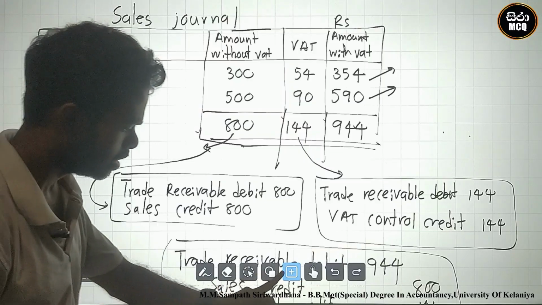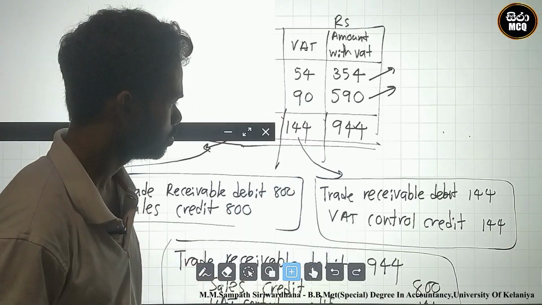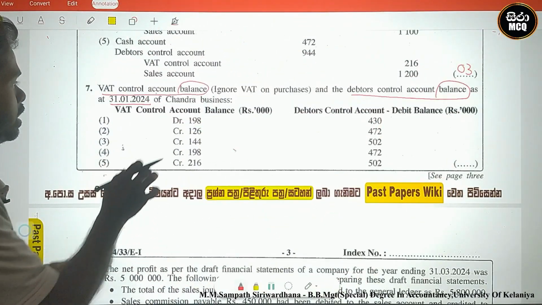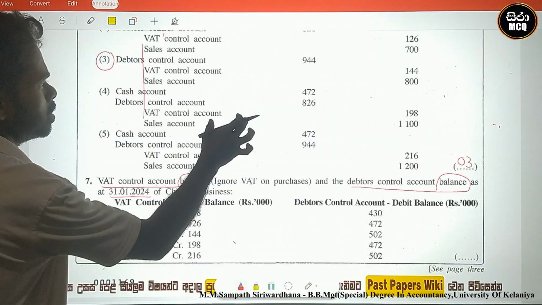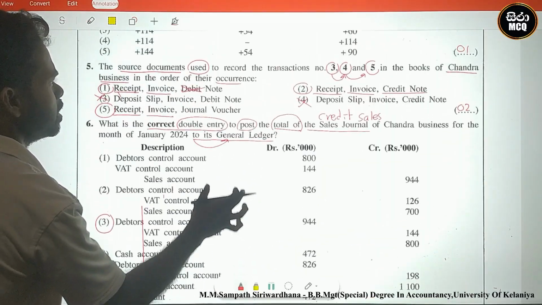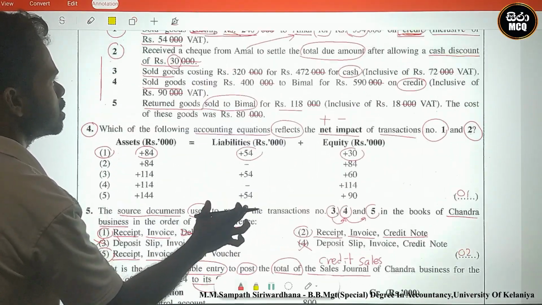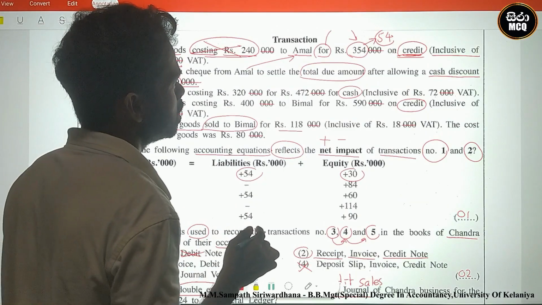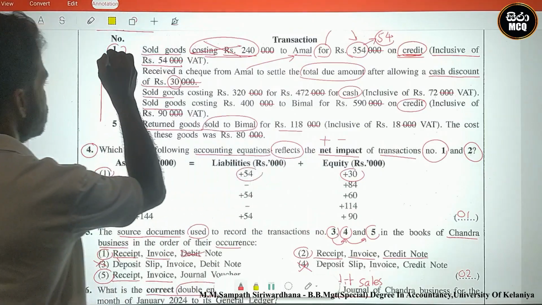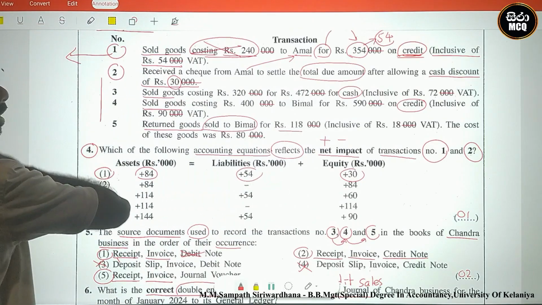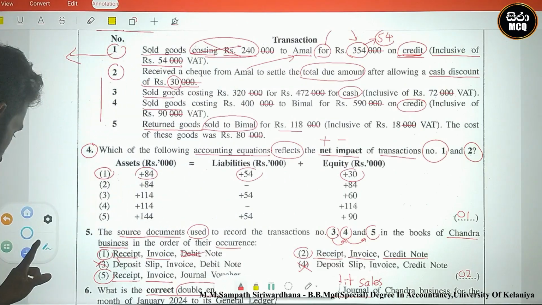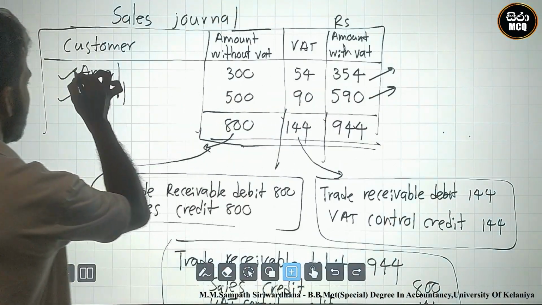Therefore, ignore means I am not finding the double entries of these transactions again. Which transactions? Credit sales. This is credit sale number 1. We already recorded 354, this one, Amal.